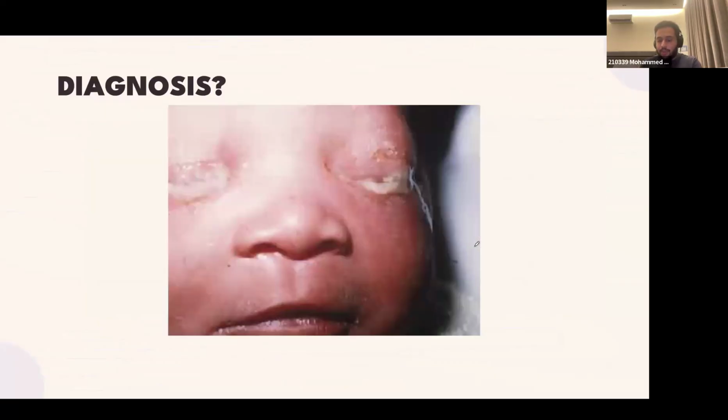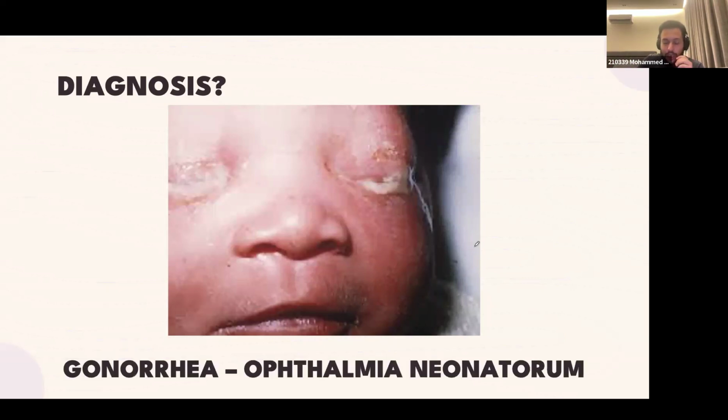Now, what happened to this baby whose mother had Neisseria gonorrhoeae? Vertical transmission. What do you call this? Ophthalmia neonatorum. Good, excellent, because of gonorrhea. How do you treat this patient?